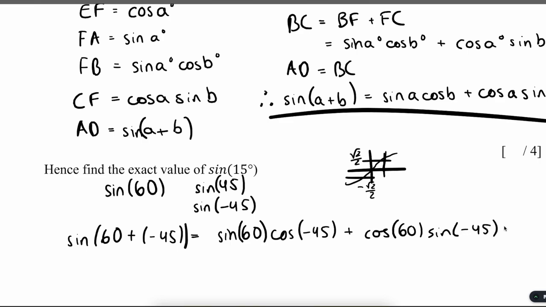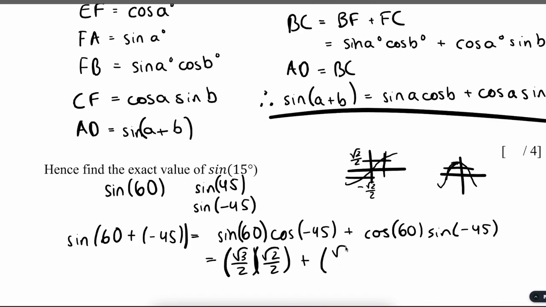Now we also need to know cos of minus 45. Cos is actually symmetrical, okay? So cos of minus 45 is cos of 45, which is root 2 over 2. So this is going to be root 3 over 2 times root 2 over 2 plus 1 over 2 times minus root 2 over 2.